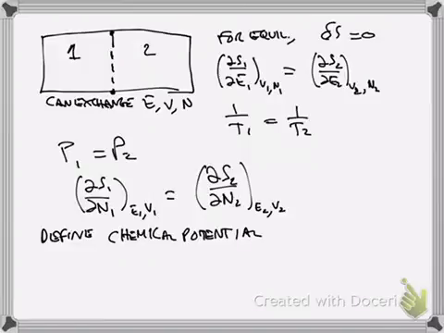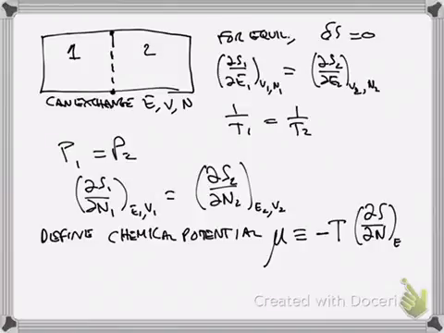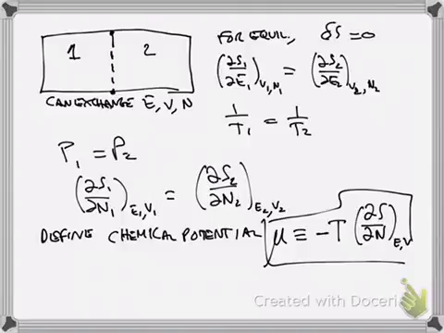But we're going to define the chemical potential, mu. Don't know why it's abbreviated mu, no idea. It is defined as minus T partial S partial N at constant E and V, right? That is the definition of the chemical potential.